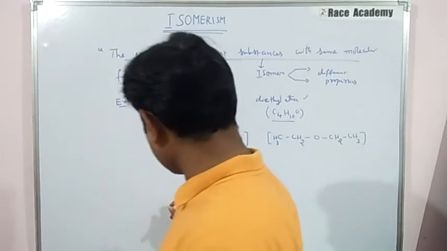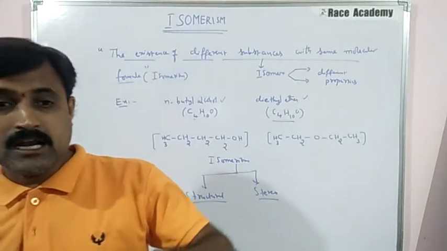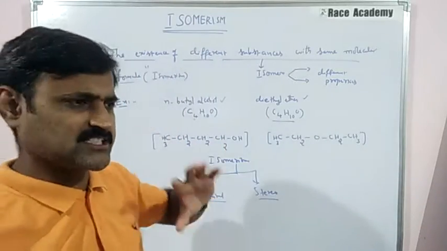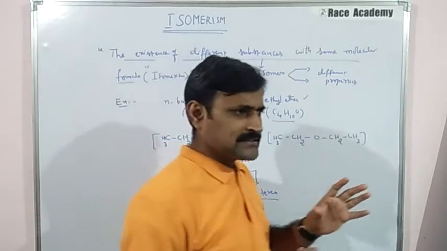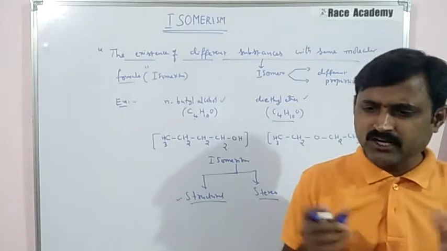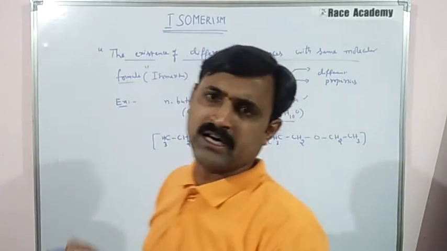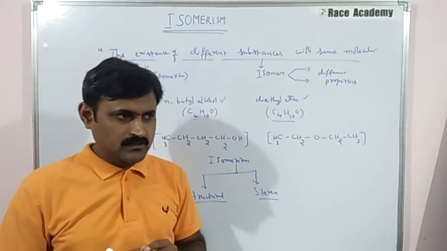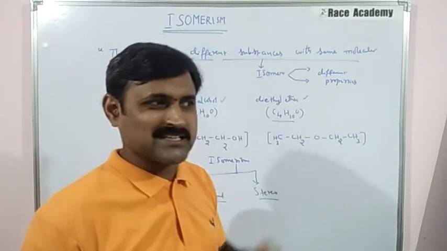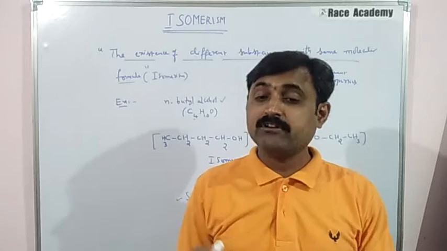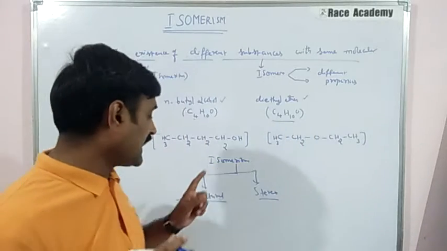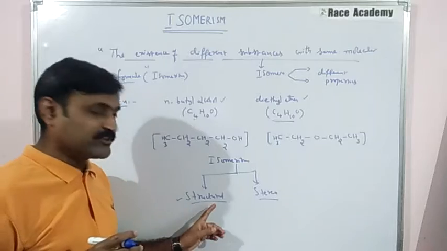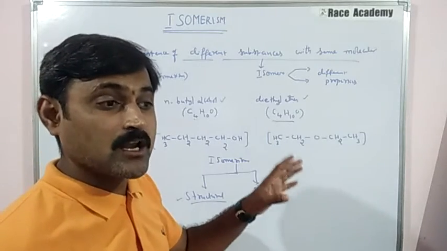In the simple classification, structural isomerism, the name itself stresses structural. Structural means they have different structures. They are called structural isomers and the phenomenon is called structural isomerism. So what is structural isomerism? Isomers that have different structures are called structural isomers and that phenomenon is called structural isomerism.